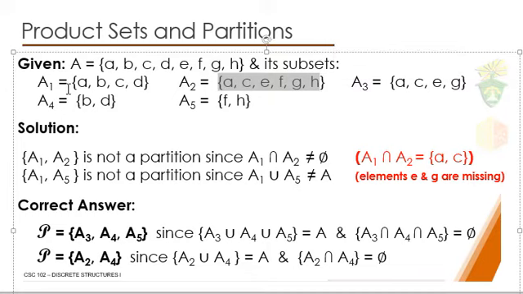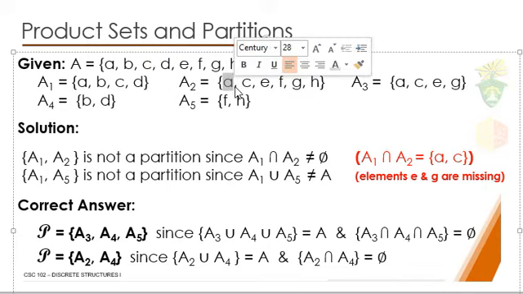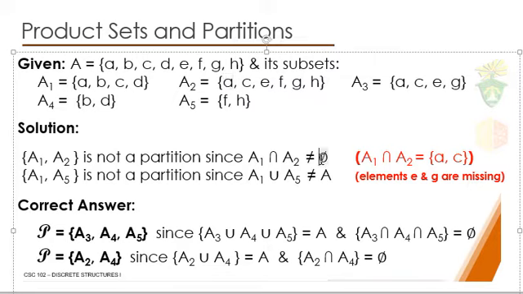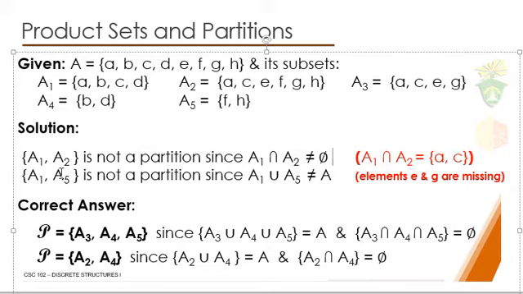Makita kay subset A sub 1 si A. At the same time, makita pod si A sa A sub 2 nga subset. So, kana pa lang, ma-disqualify na siya sa gi-set nga criteria. So, in short, dili gyud siya partition set ni A. Kay wala man siya ni-qualify sa isa pa lang ka criteria.